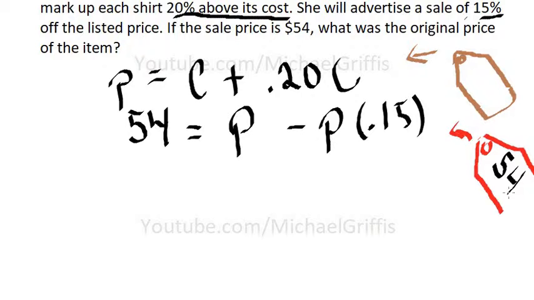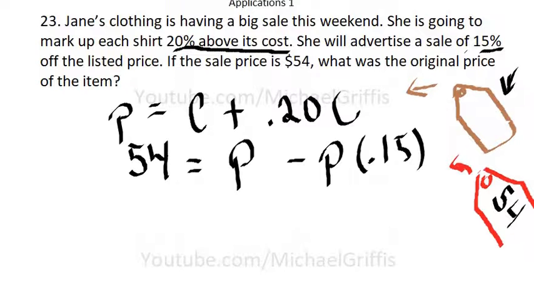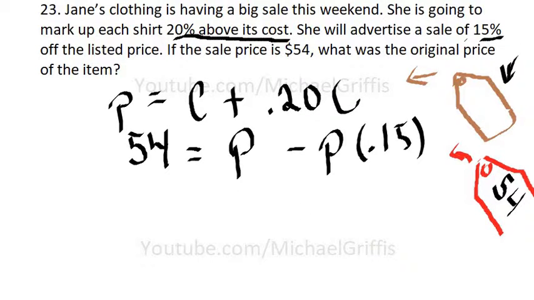Alright, this tag is the day before the sale. We don't know what the original price of the item was, or what they're saying the cost was. But I'm just calling it the original price, really, of the item. This is what we want to find out.